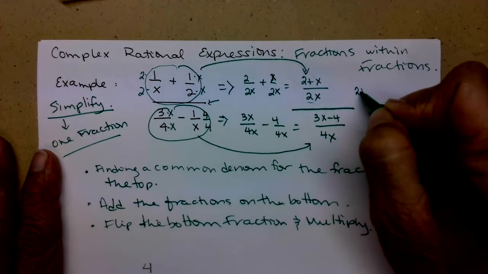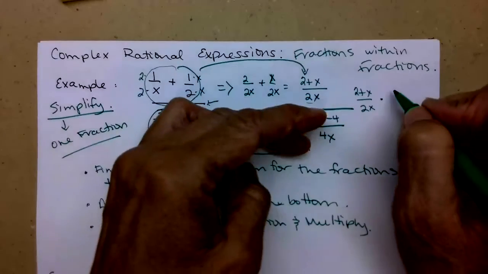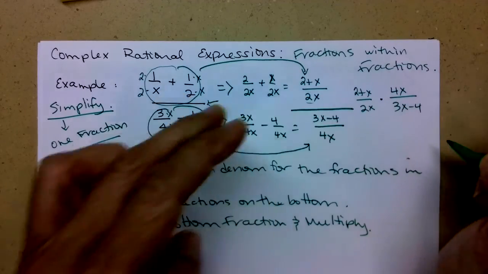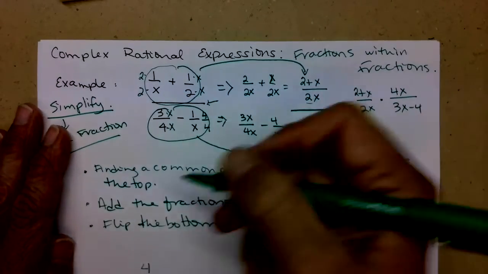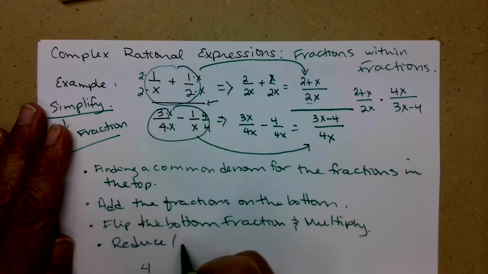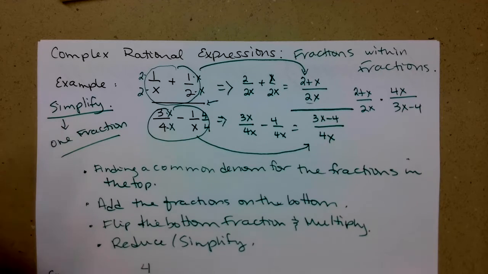So I have 2 plus x over 2x times, so the reciprocal, 4x over 3x minus 4. And then we're just going to say reduce slash simplify. Okay, so do you see any common factors there that I can get rid of before I write my final answer?